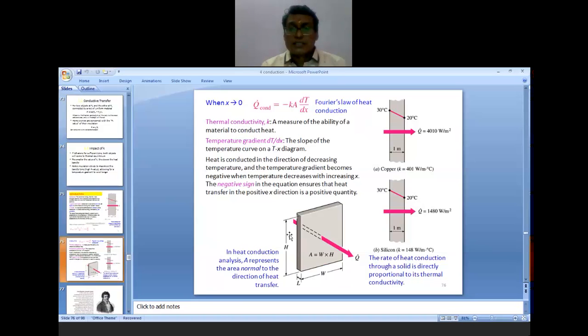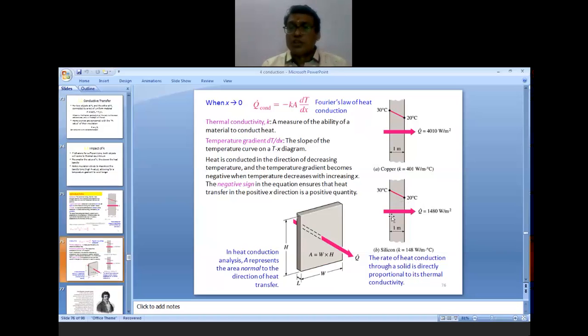Now consider this slab, which has a temperature of 30 degrees Celsius on one end. On the other end, its temperature is 20 degrees Celsius. Heat is transferred from higher temperature to lower temperature.